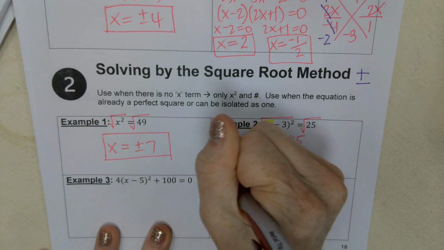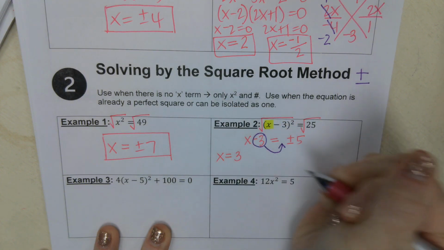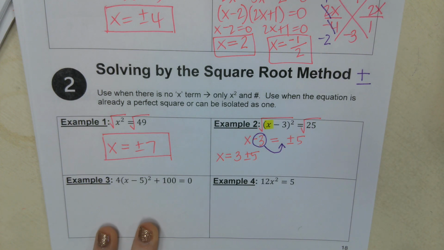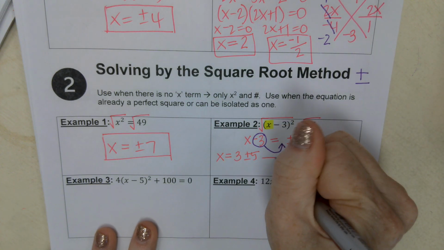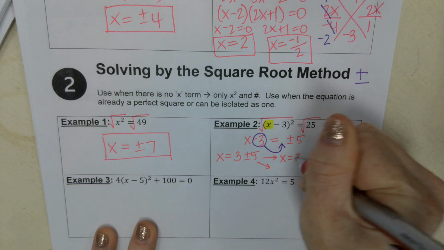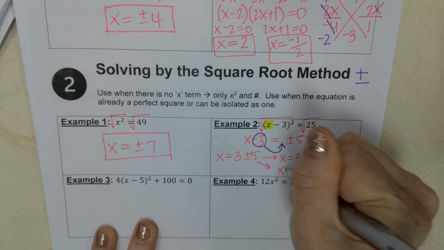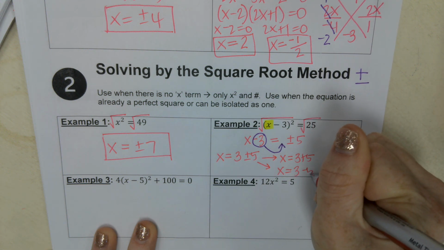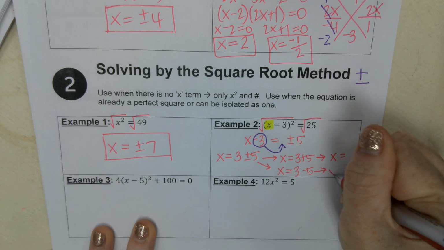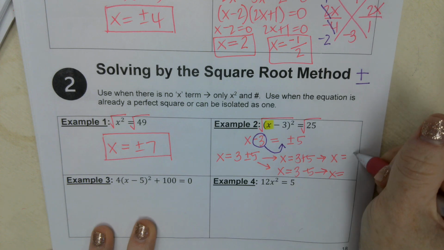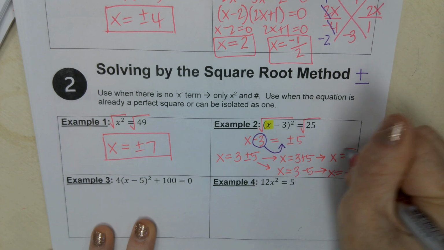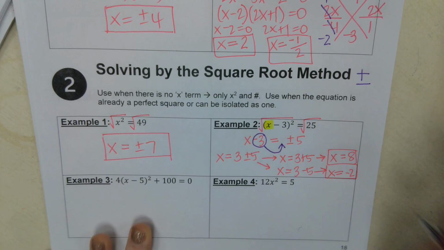So x equals positive 3 plus or minus 5. And I get two solutions here. I get 3 plus 5, and I get 3 minus 5. Since these are pretty numbers, I want to carry those out. 3 plus 5 is 8, and 3 minus 5 is negative 2.